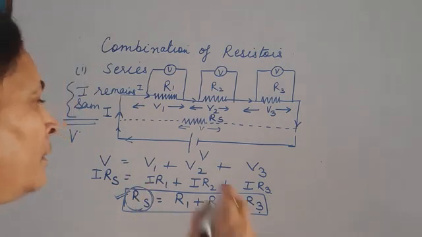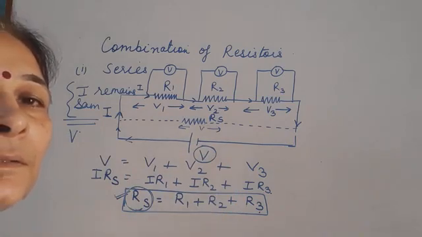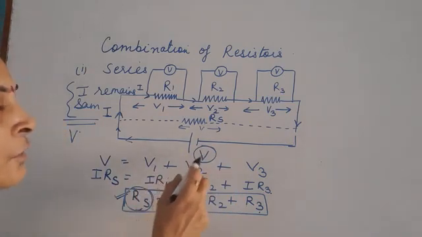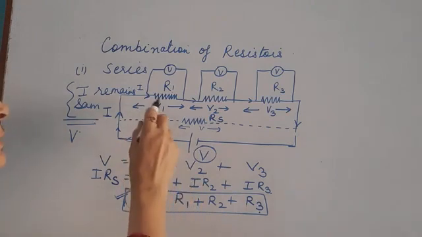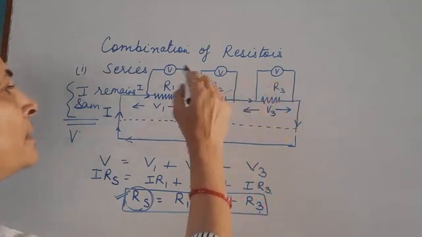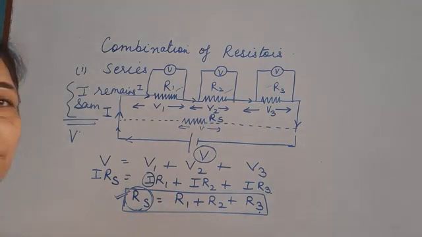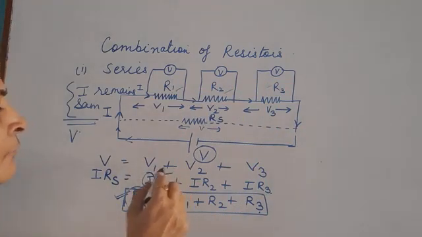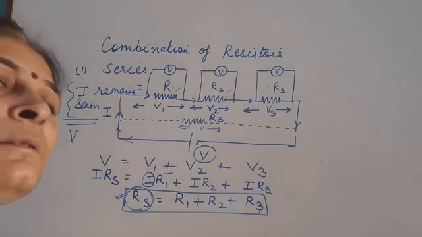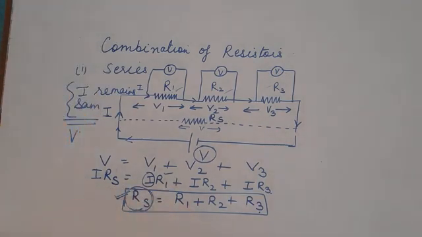And third, the total potential difference which we have applied will be partly dropped across each resistor depending upon the value of the resistor. As I remains the same, more resistance means more potential drop, and less resistance means less potential drop. Clear? This is about series combination of resistance.